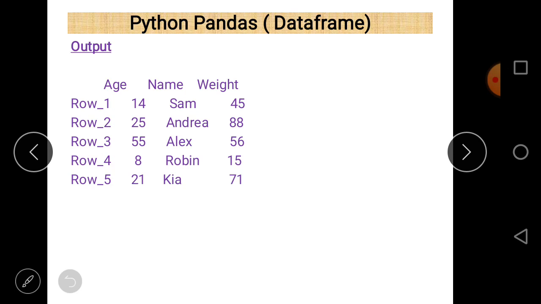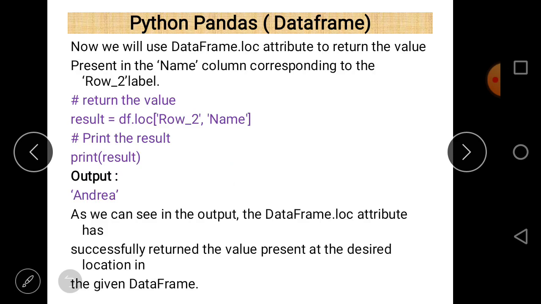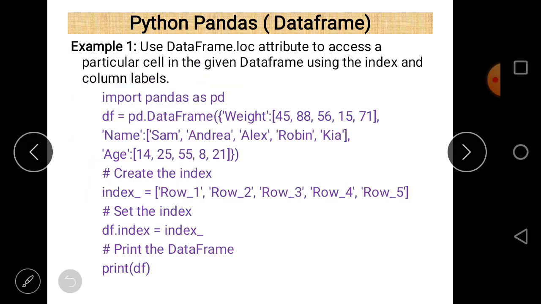when we execute the program, age is the first column, name is the second column, and weight is the third column, which differs from the original data frame, because in the original data frame used in this program, weight is first, then name, and then age.